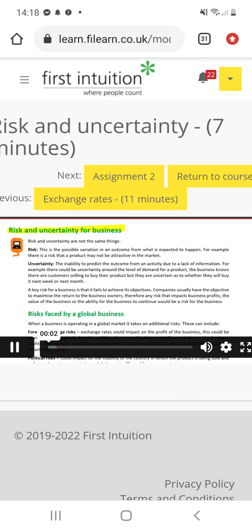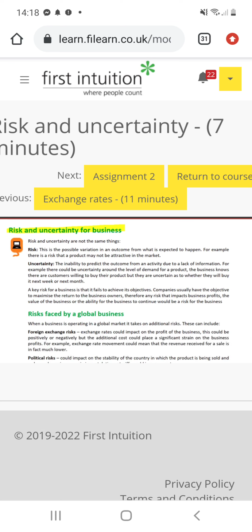Welcome back. To finish off this chapter, we're going to look at risk and uncertainty for a business. It states here that risk and uncertainty are not the same thing, so I'd recommend you learn the difference. We have the definitions in our notes. With risk, this is the possible variation in an outcome from what is expected to happen.